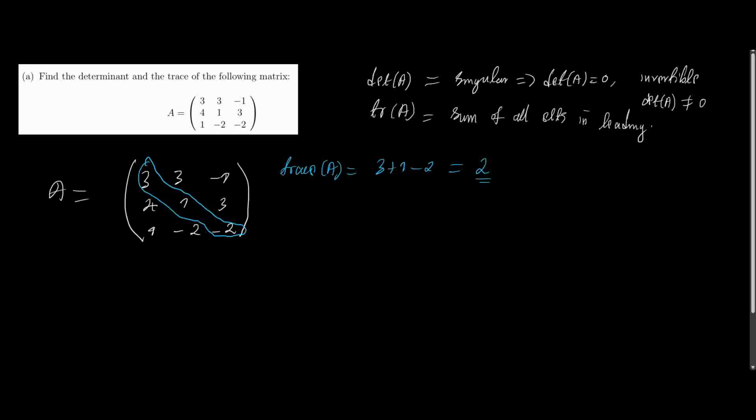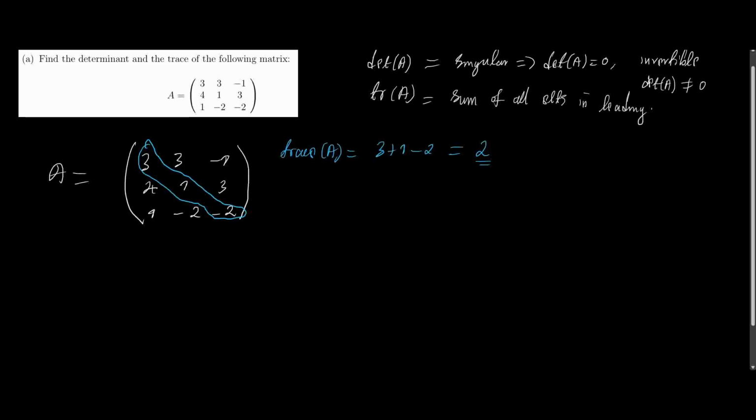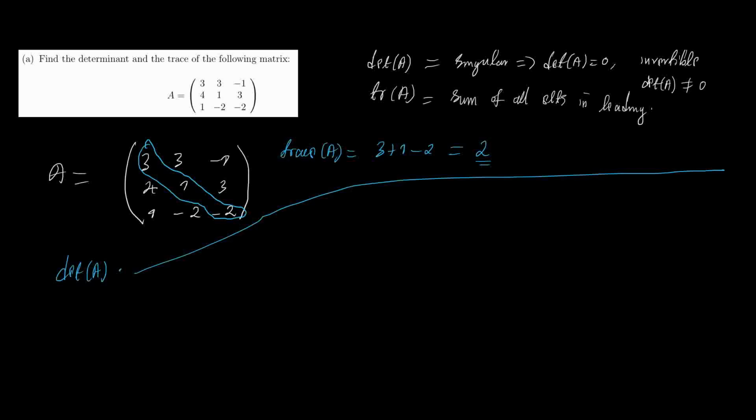Yeah, so that's it. So the most important thing, or the most challenging one, is actually to compute the determinant. So to compute the determinant of A, generally represented as det of A, there are a couple of things we need to keep in mind. Now when computing the determinant, we need to have in mind the parity matrix.